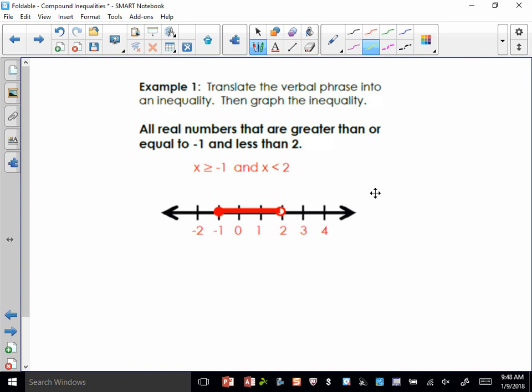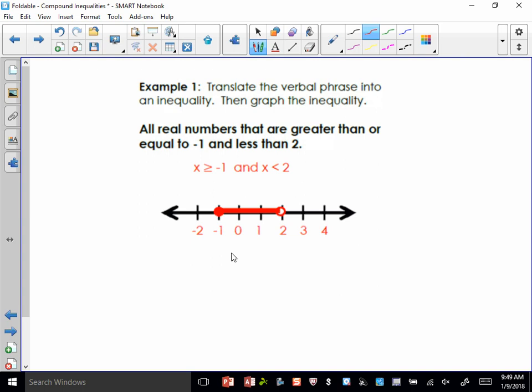Now we can also write that a little differently. If you have two numbers like this, -1 and 2, and we're saying all the numbers between -1 and 2, but not including the 2, that's why you see an open circle on that. You do want to include the -1, that's why you see a closed dot on that.